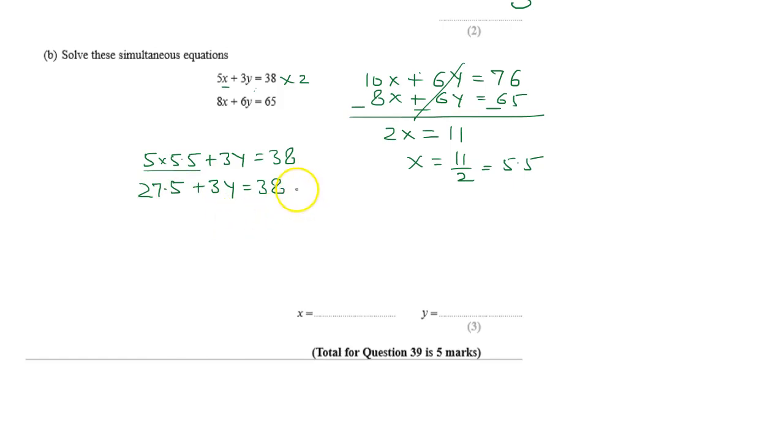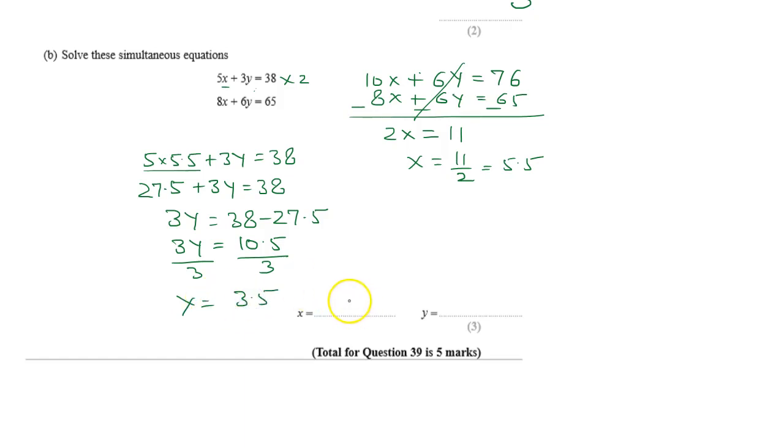Transport it this side, so we have 3y is equal to 38 minus 27.5, so that will be 10.5. Divide both sides by 3, so y will be 3.5. So x is 5.5 and y is 3.5.